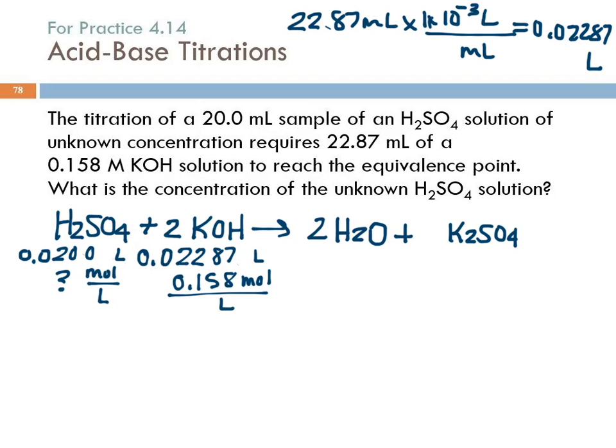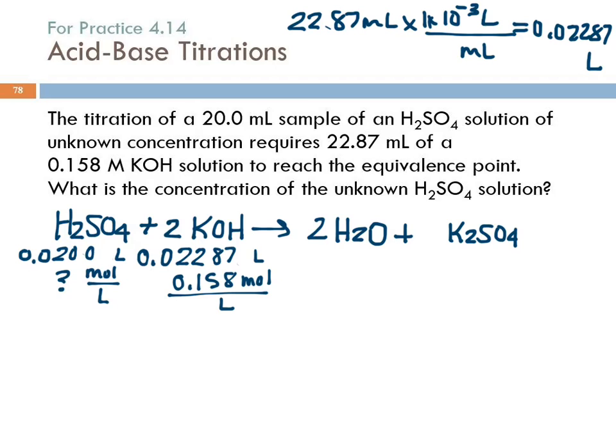What do we need to find the moles per liter for the sulfuric acid? We need moles and we need liters, right? So we need to take the moles of sulfuric acid and divide by the liters. This is the volume right here. So what we need is to find the number of moles of sulfuric acid that were present.